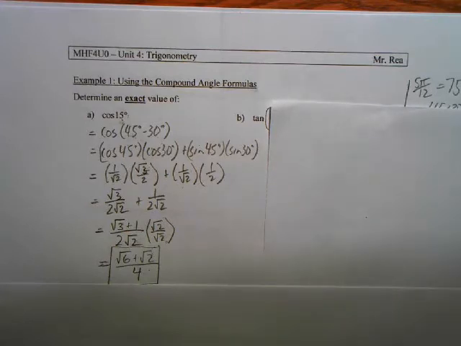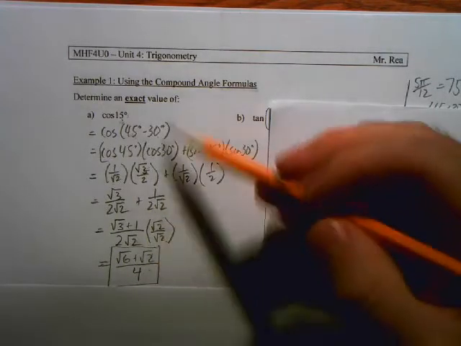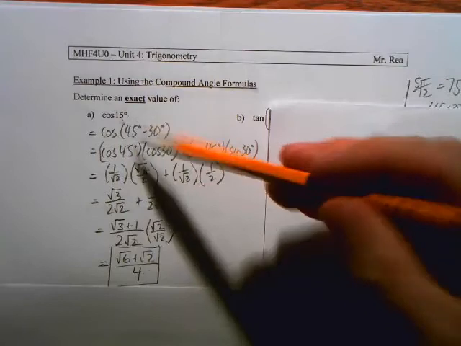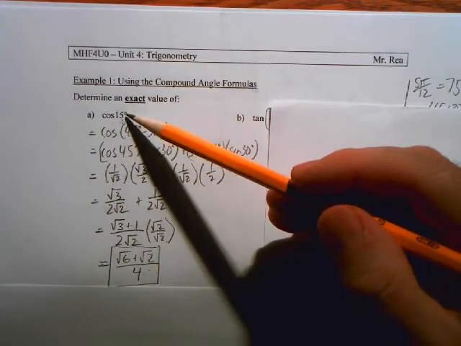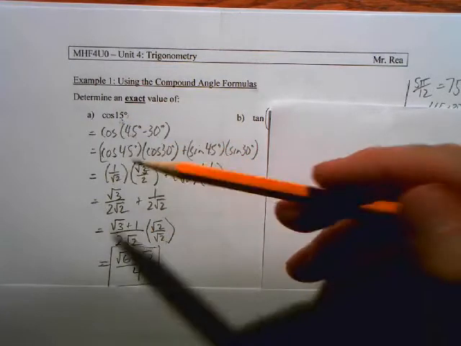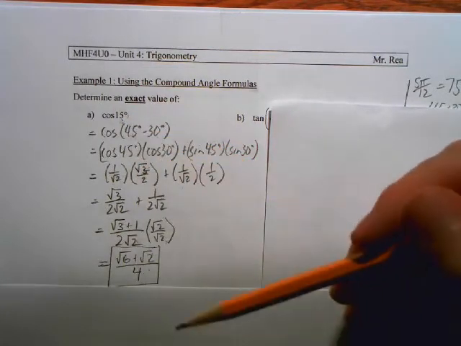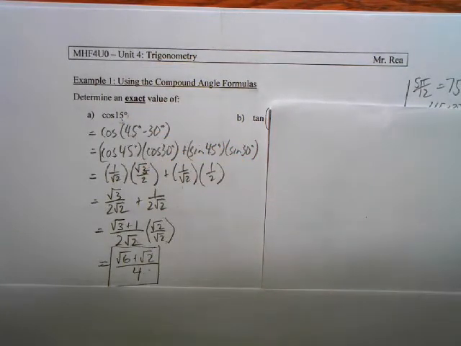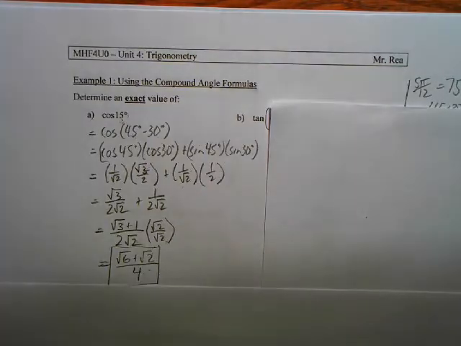But it turns out if we use the compound angle formulas, we can come up with some more angles that we can get the exact value for. So what we'll be able to add is any multiple of 15. So angles like 15, 75, 105, etc.